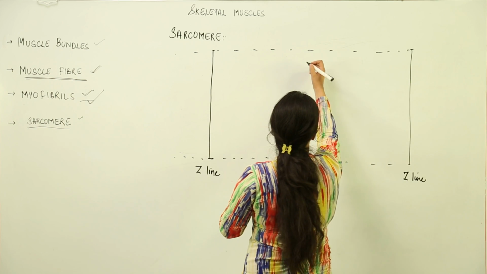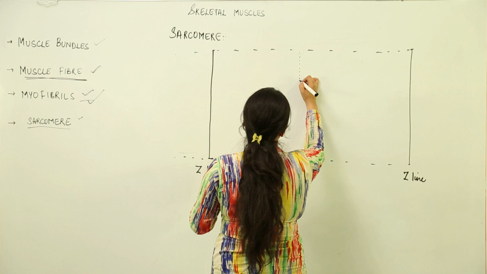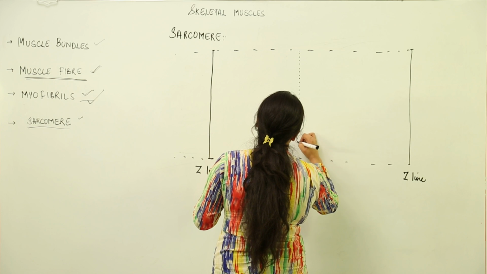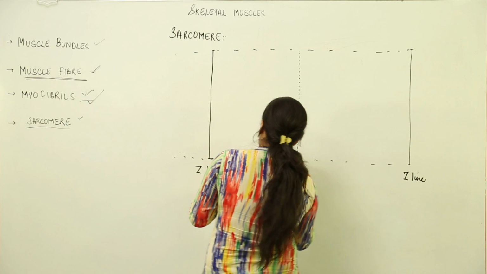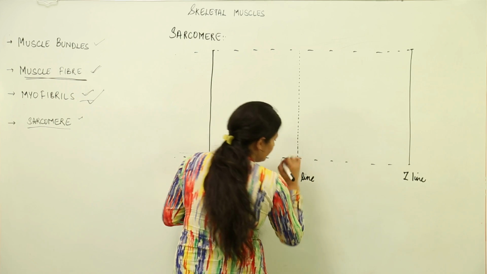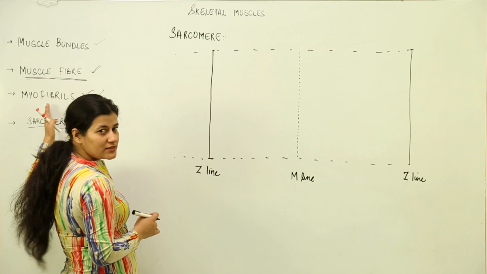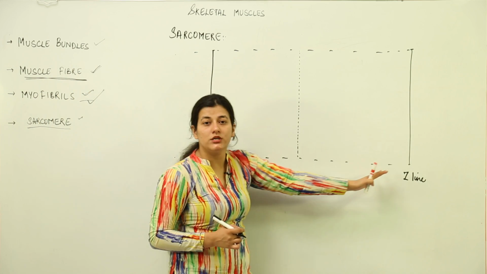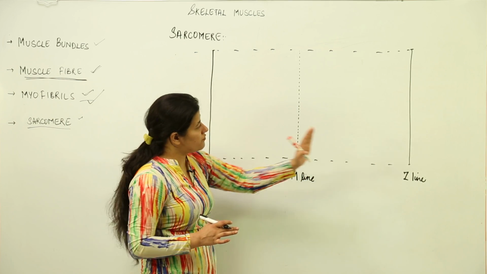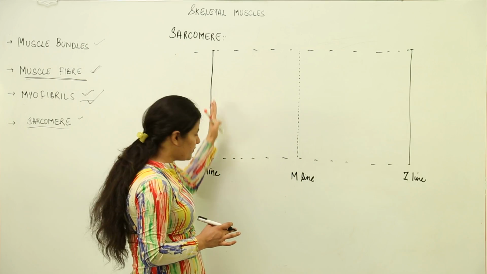Right in the middle of the Z lines lies another membranous separation that is known as the M line. This is the functional unit of the skeletal muscle, separated from the other unit by two Z lines. So the Z line is the separation point.